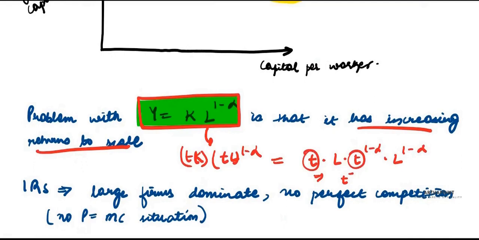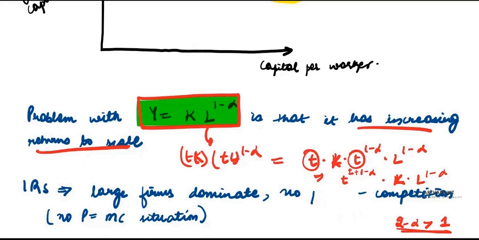So it will be T to the power 1 plus 1 minus alpha, into K into L to the power 1 minus alpha. This is T to the power 2 minus alpha, and definitely 2 minus alpha is greater than 1, right? As long as alpha is less than 1, which is true, this power is greater than 1, and hence it is increasing returns to scale.